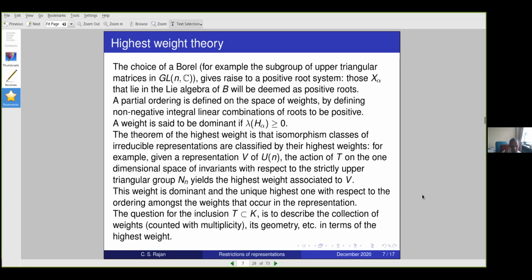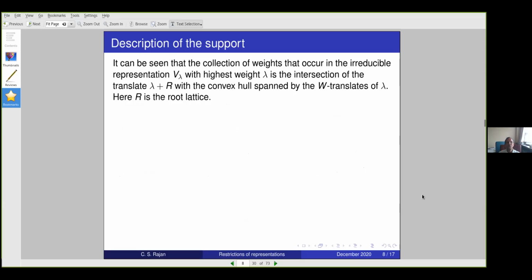And the question for the inclusion T contained inside K is to describe the collection of weights counted with multiplicity, its geometry, etc., in terms of the highest weight. So I just want to state one result. It can be seen that the collection of weights that occur in the irreducible representation V lambda with highest weight lambda is the translate of lambda by the root lattice, intersected with the convex hull spanned by the W translates of lambda, and this is the support.